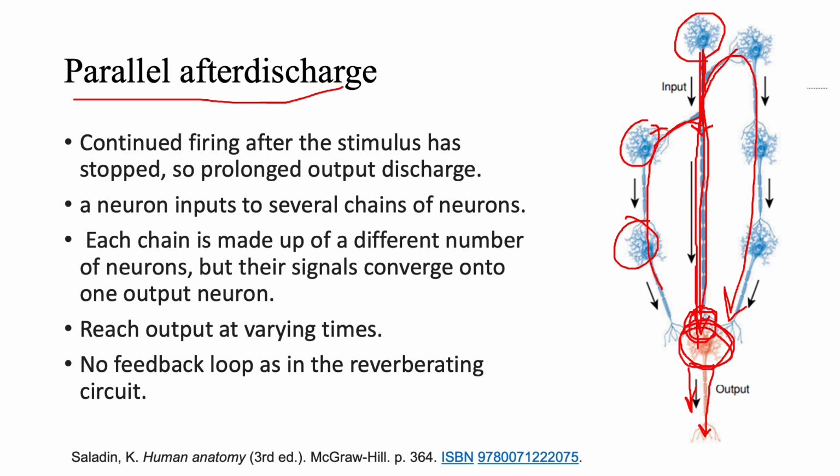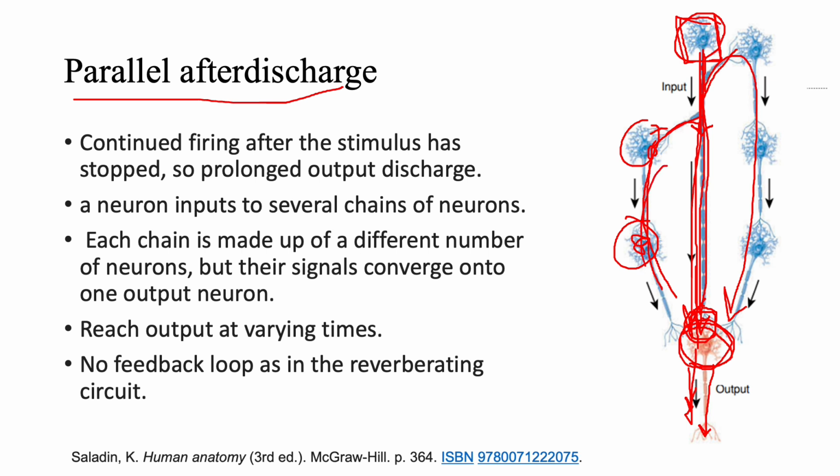If we add another 0.5 millisecond here in the synapse, and another 0.5 millisecond here, and also increase the distance, the same stimulus fired from this neuron will reach here in, let's say, 2 milliseconds, and the neuron will fire an action potential.